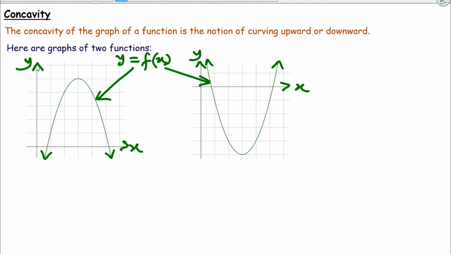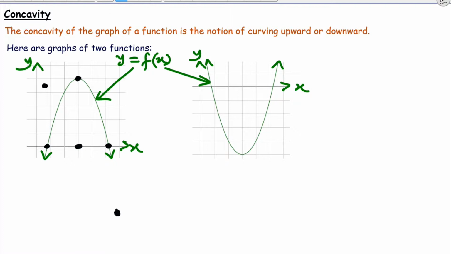So let me start from the left-hand side. I know that the slope at this point will be 0, so I can mark that point there. The slope at this point is positive because you're going uphill, which means it can be somewhere here, positive. The slope at this point here will be negative, which means it will be somewhere below there.